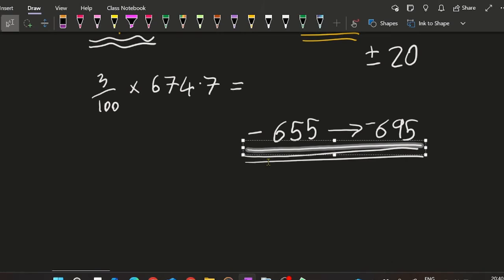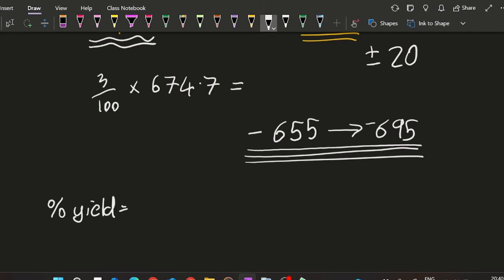So let's look at my percent yield. Percent yield is your experimental value over the theoretical value, true value, times 100. So I got minus 675.